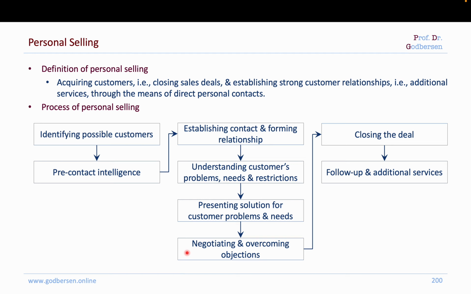So you need to overcome some objections, and if you're successful, you close the deal. As I said earlier, don't leave it at this and say, oh, happy days, I got my great commission. Follow up. You would like to have additional sales, and you also would not be too sad if the customer is recommending you to others.